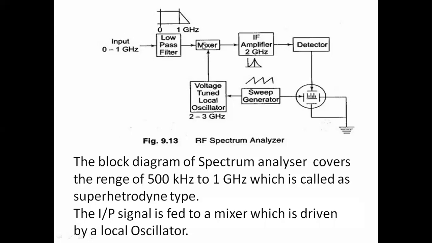Those frequency components are detected, and their corresponding magnitudes or amplitudes are applied to the vertical deflection plates of the CRO, and from that we get the amplitude of the detected frequency signal. The frequency on the x-axis is provided by the output from the sweep generator.